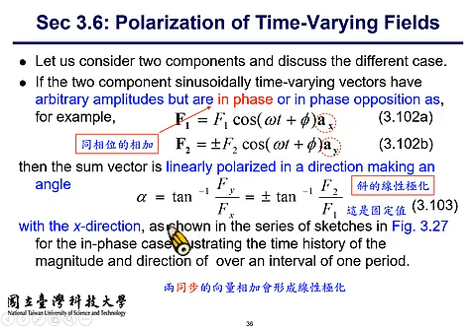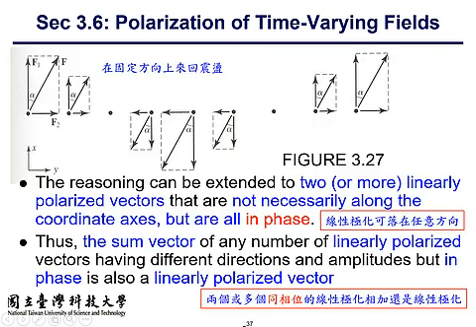between the two vectors. In conclusion, because the two vectors are added up in phase, the addition of two linear polarizations still adds up as a linear polarization. It just happens to vibrate on a slanted path. This is an illustration of the field of F1 plus F2. F1 is in the x direction, F2 is in the y direction.